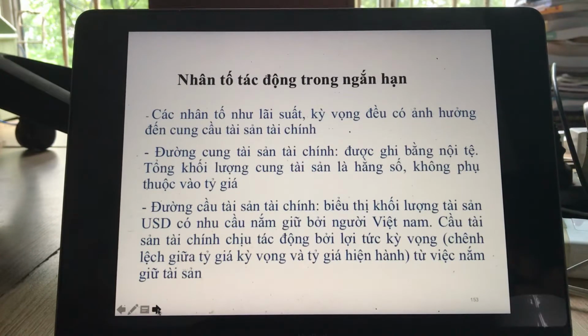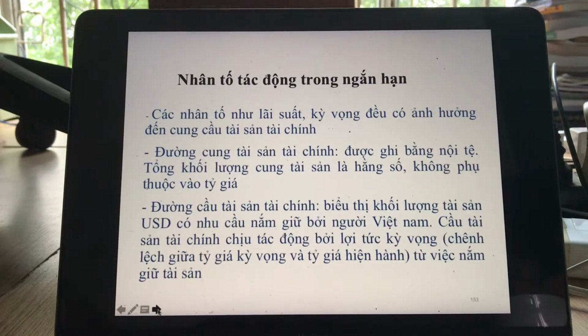First, the supply of financial assets. The supply of financial assets is recorded in domestic currency, and the total supply of financial assets is constant. It's just some number, and it's independent of the exchange rate.